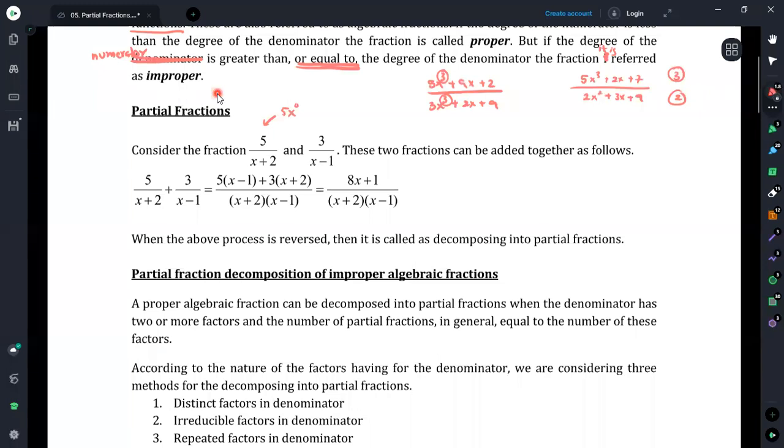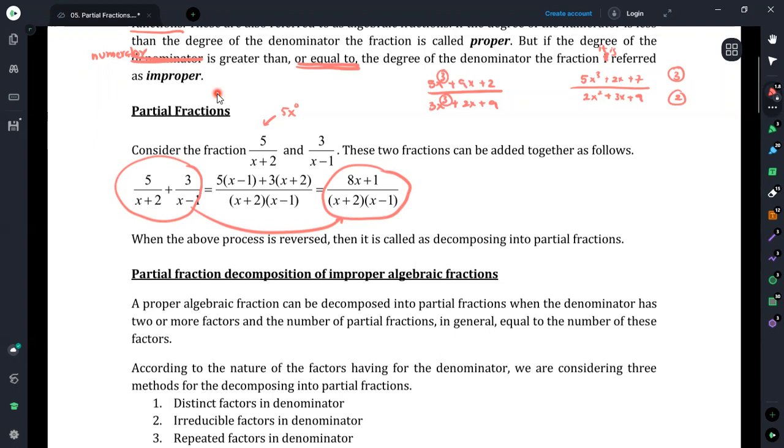Altogether the solution is 8x plus 1 over x plus 2 into x minus 1. Therefore, the addition of these two algebraic fractions has made another algebraic fraction, which is 8x plus 1 over x plus 2 times x minus 1.